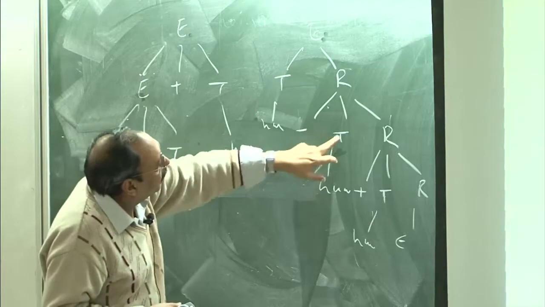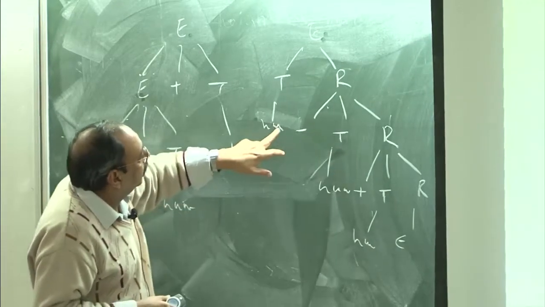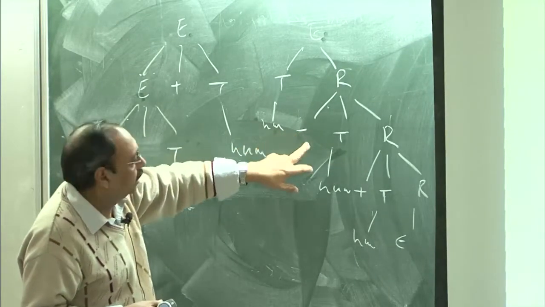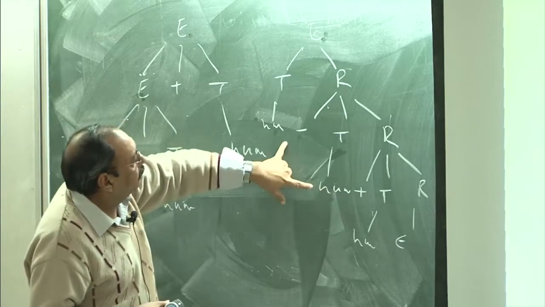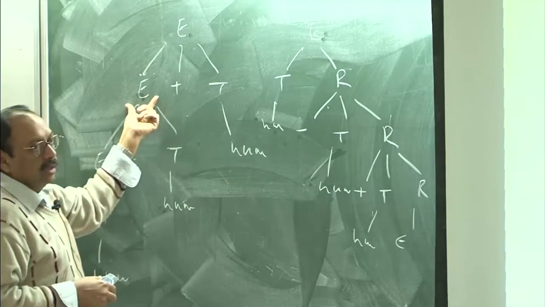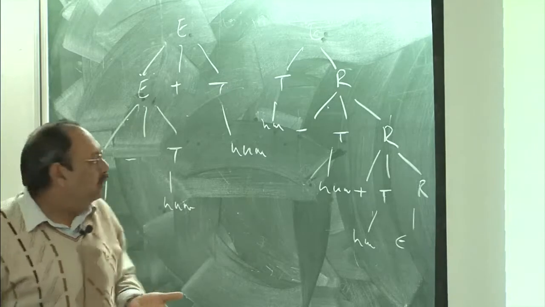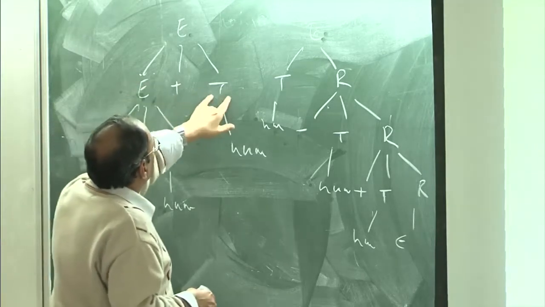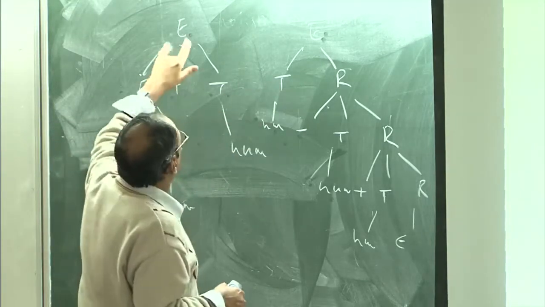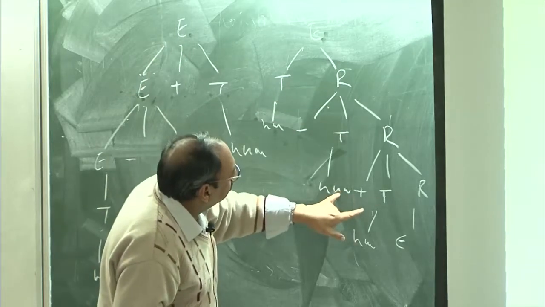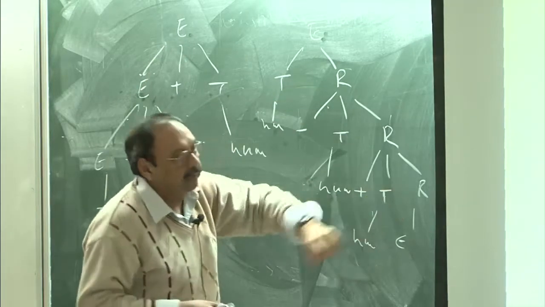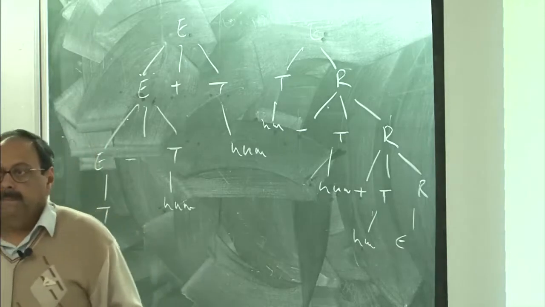Similarly, if I am at this point, I must know this value, the operator, and this value, and then I can find out the value corresponding to this part of the tree. Once I know this, then knowing this value and this operator, I can find out the next value, and so on.